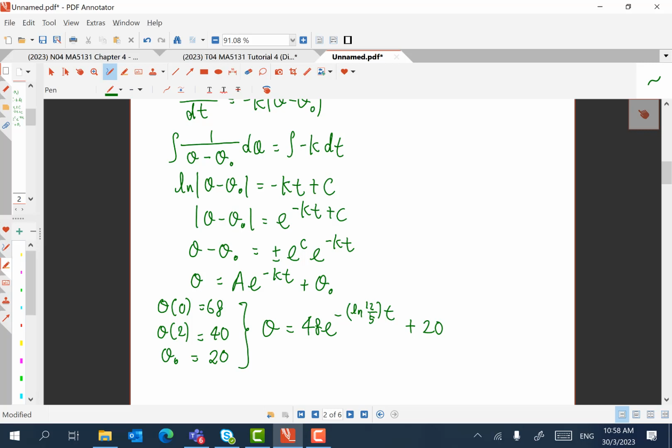Check my calculation. I'm too lazy to write down too many steps. 12 divided by 4 is 5. Oh, there's a mistake. I think there's a half there. Check, is it true or not? The k turned out to be half of ln 12 over 5.